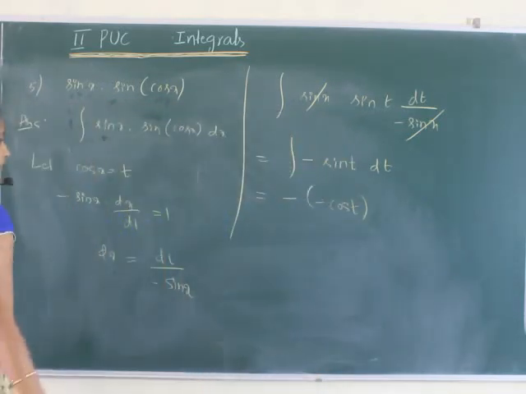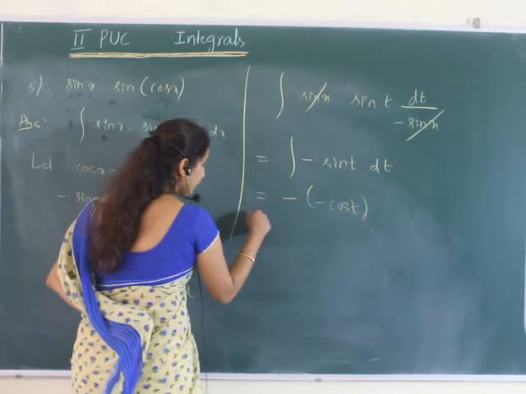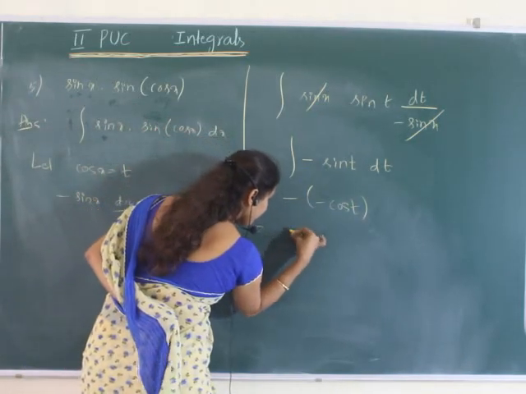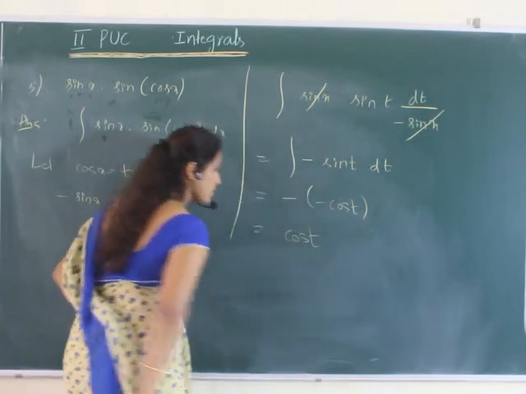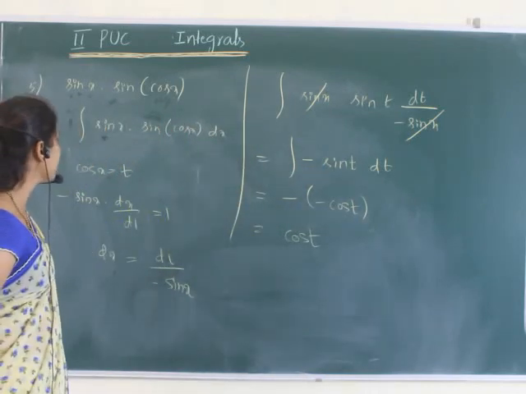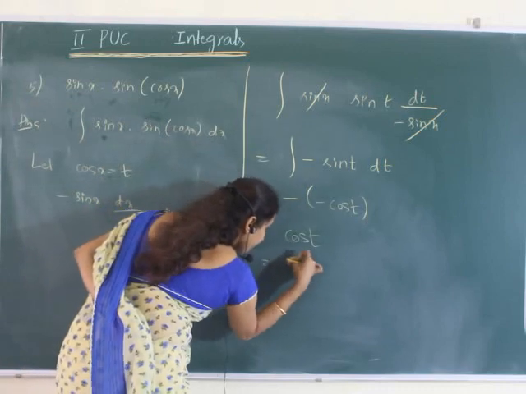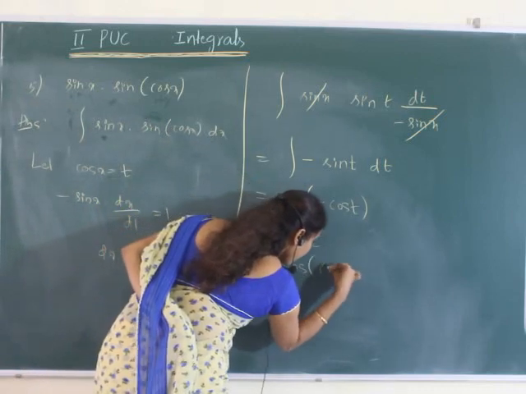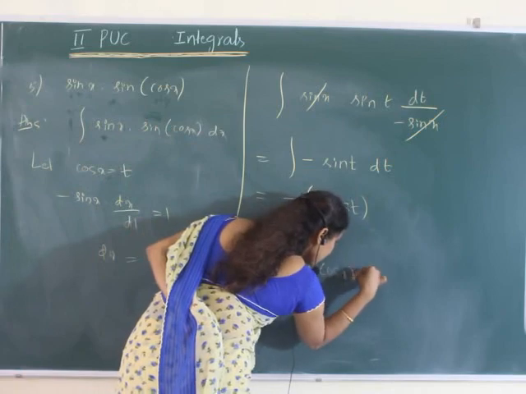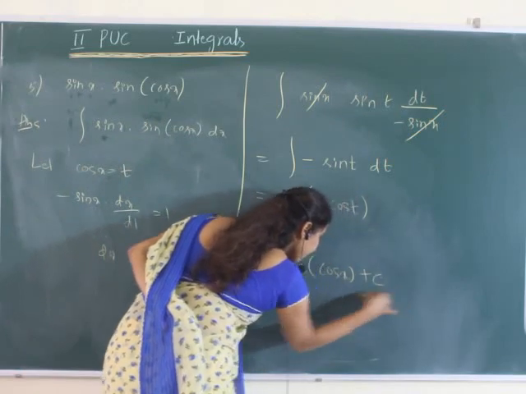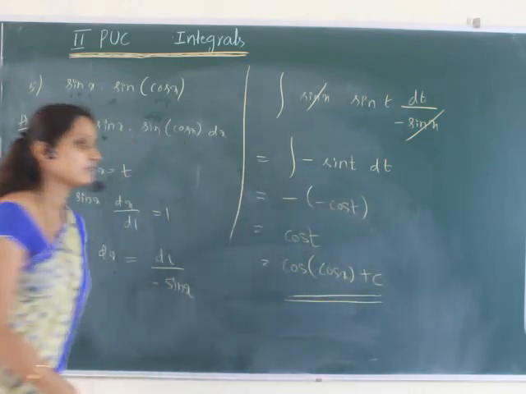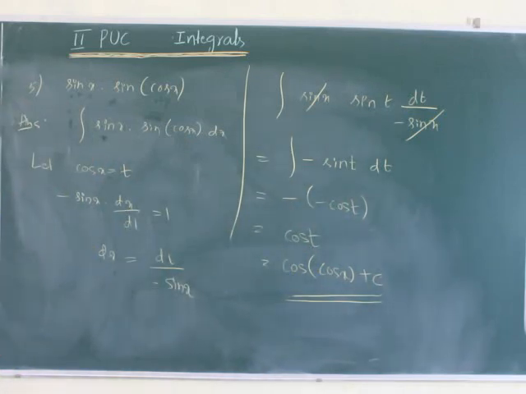This will be cos t. But what is t? t is cos x. Resubstituting t as cos x, we get cos of cos x plus c. So this is the answer for the given question.